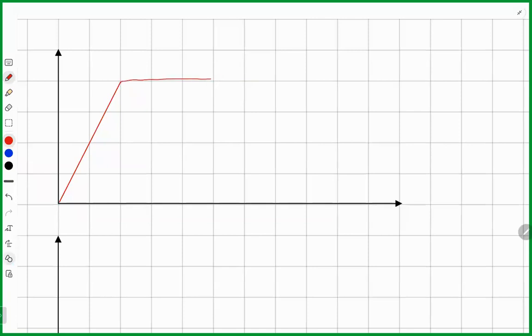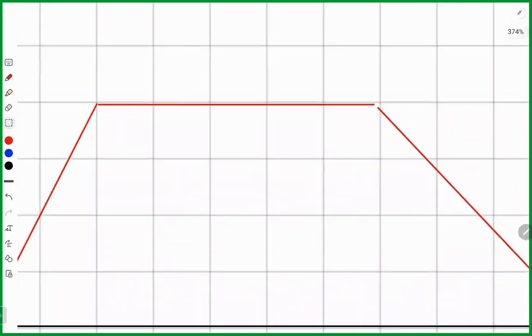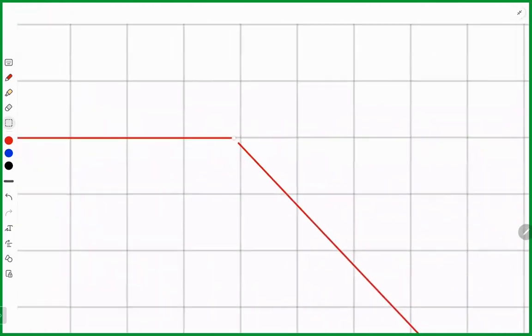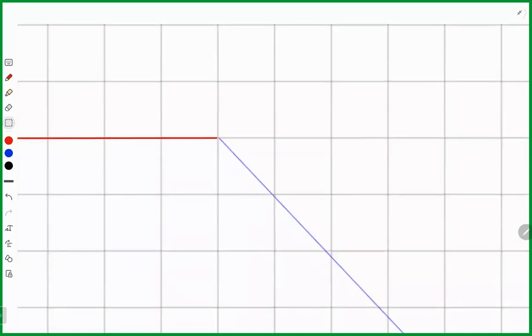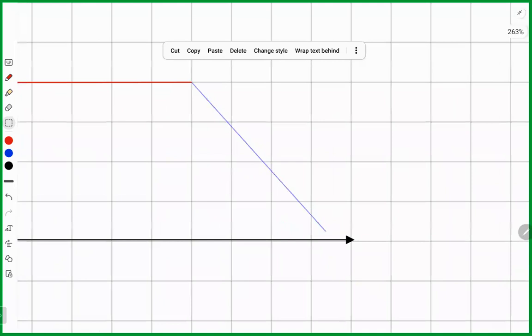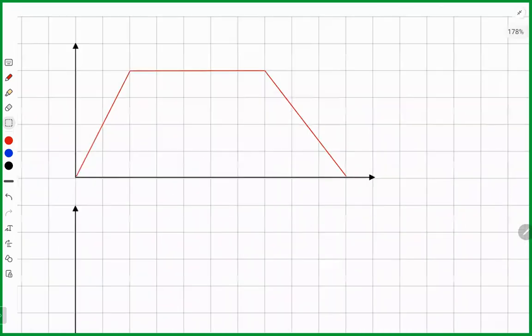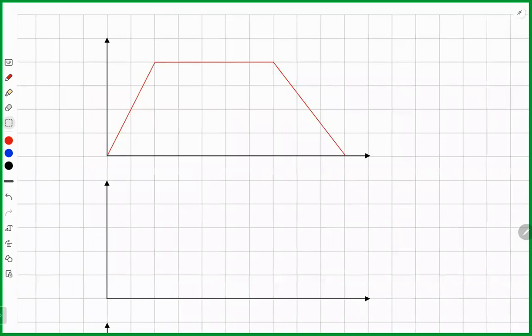The first graph that I'm trying to make over here is the speed time graph, and we will be converting the same information into a distance time graph and then into an acceleration time graph.